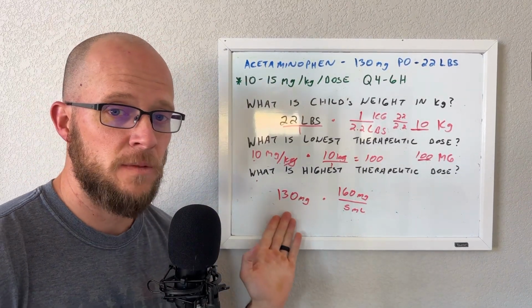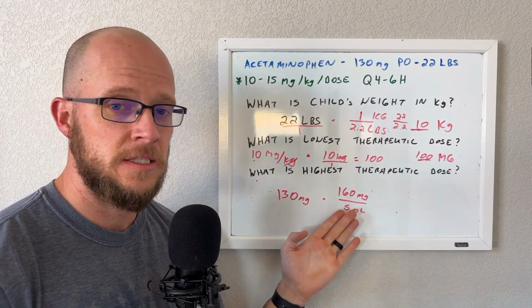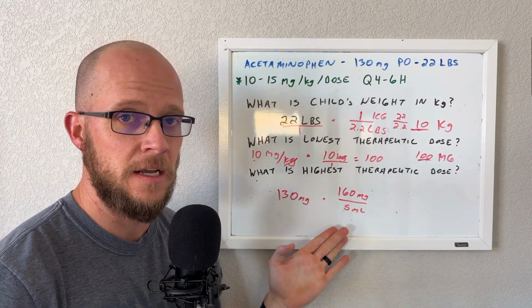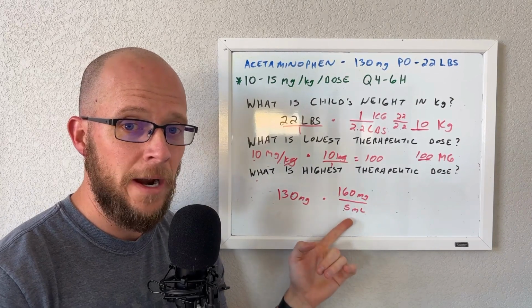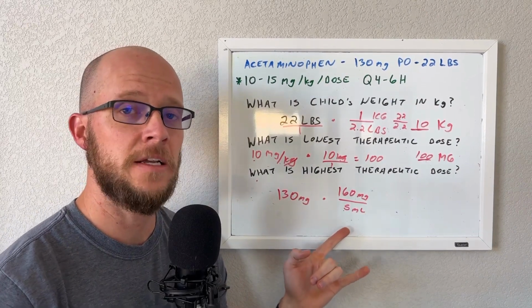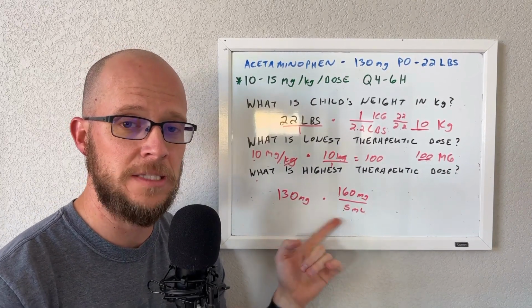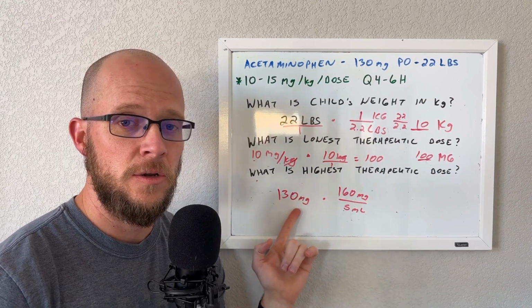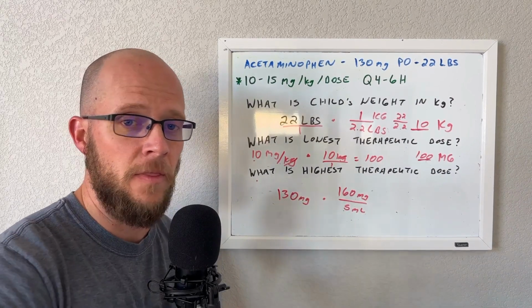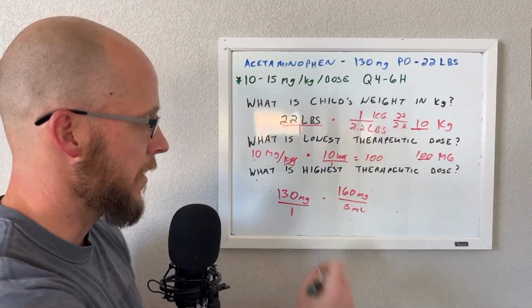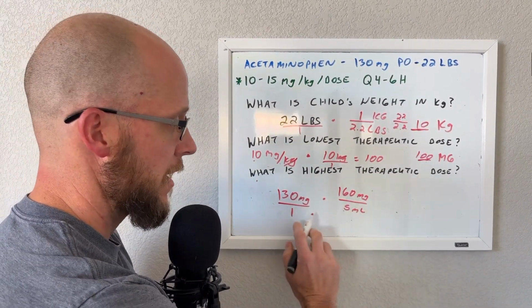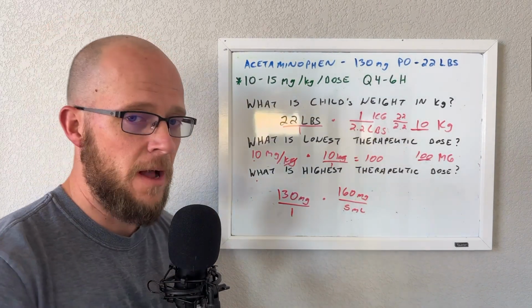You can't just multiply this 130 times 160 and then divide by 5. That's not going to give you the right answer, because then you're still left with milligrams squared over milliliters. That doesn't work because your units need to cancel. You need your units opposite each other. So if I do another fraction over here, just throw 1 on there, my milligrams are right in line with each other and the milliliters are on the bottom.